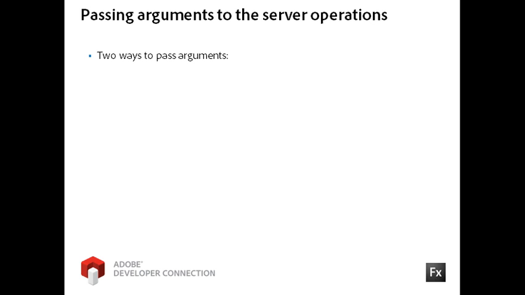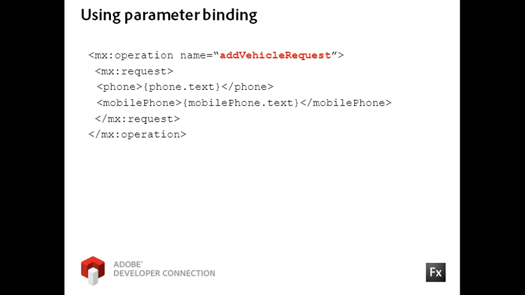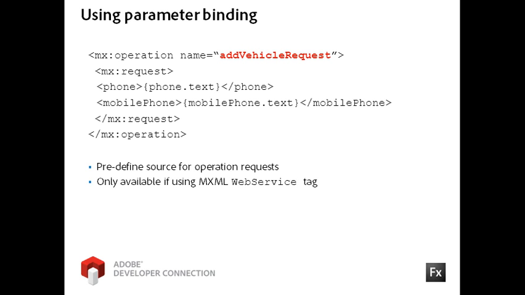The two ways to pass arguments to the server operations through web services are parameter binding and explicit parameters. Parameter binding allows developers to predefine the source data for arguments that will be passed to the server-side operations. This technique is only available if you use the web service MXML tags.